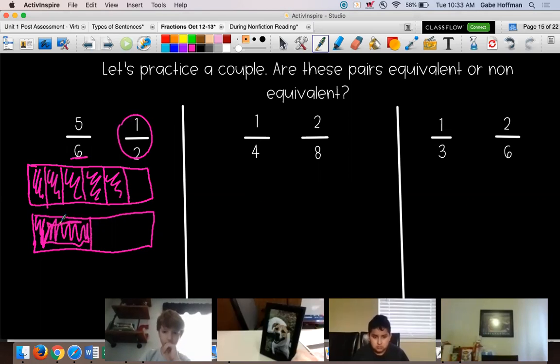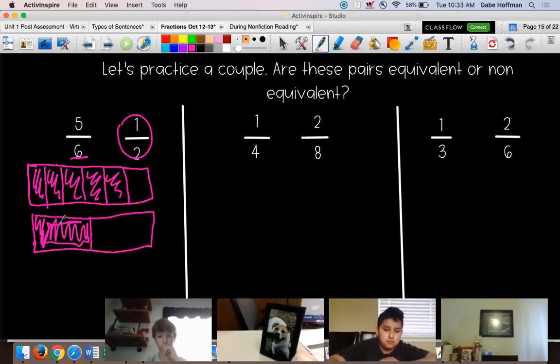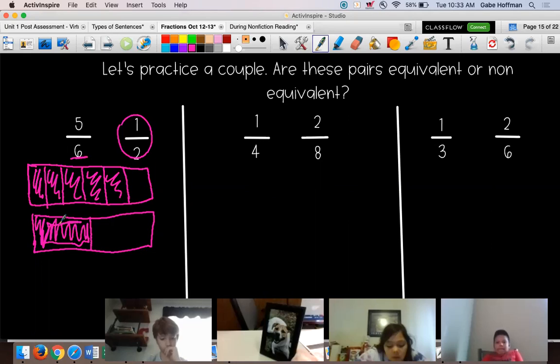Okay. So, Alex J, are these two fractions equivalent? No, they're not. And why not? Because they don't line up in the same place. They don't line up, another way we can say that is they don't take up the same amount of the whole, okay?